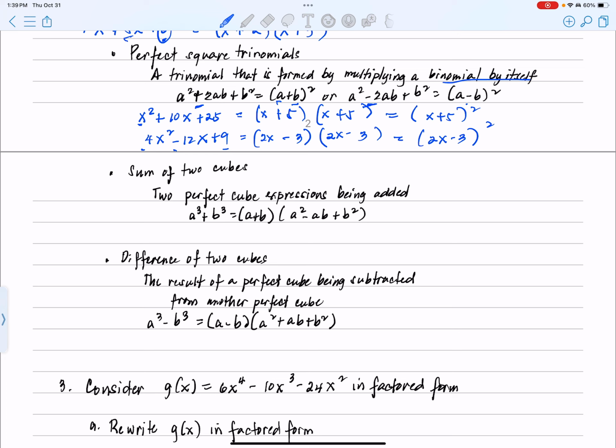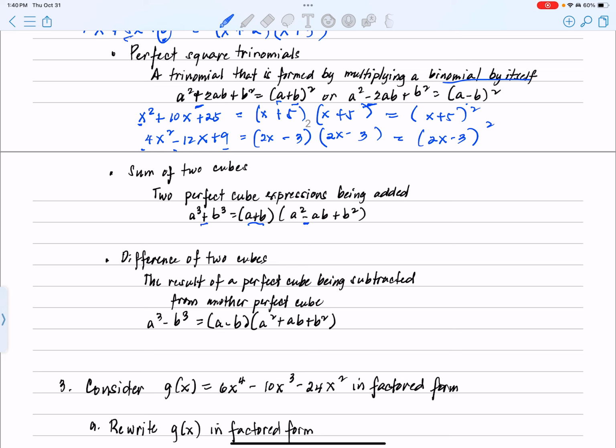Sum of two cubes. A cubed plus B cubed equals A plus B. This, you factor this out. And the second factor is A squared minus AB plus B squared. You have to be careful. If this is plus, the factored trinomial is minus, but the factored out is plus.